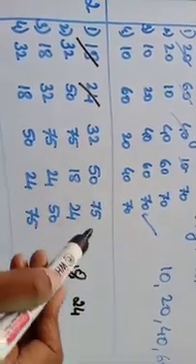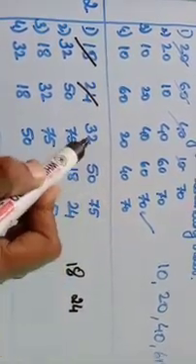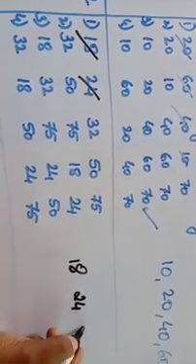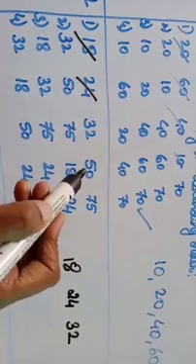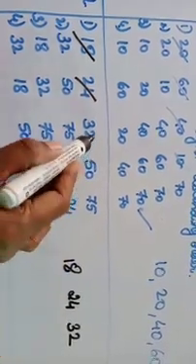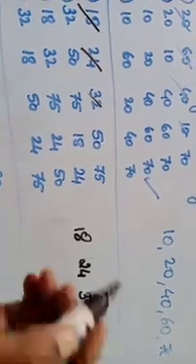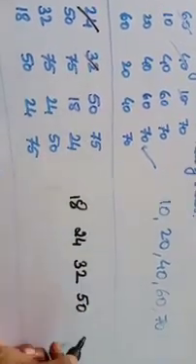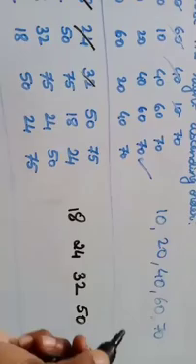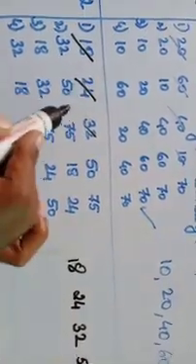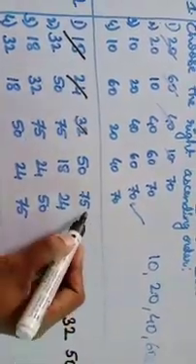The next are 32, 50, 75. In these three numbers, which is the small one? 32 is the small one. So let's write here 32. And next are 50, 75. Which is the small one? 50. So let's write 50. And the remaining number is 75. That means our first option is the right answer.